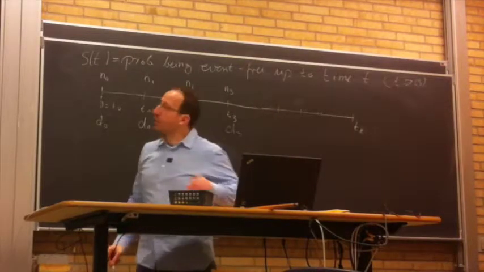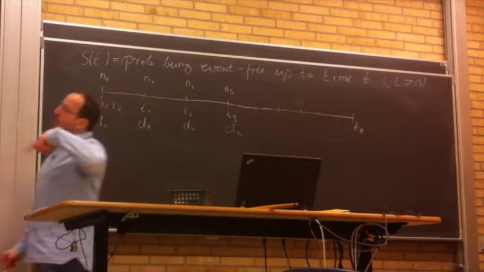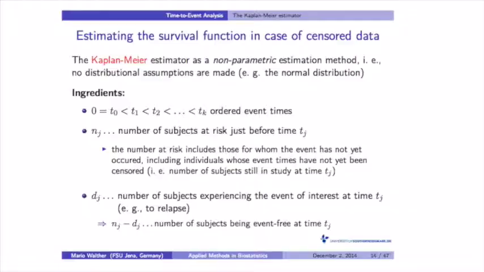So these are the ingredients for the Kaplan-Meier estimator. And from the number of subjects at risk just before time tj and the number of subjects experiencing the event of interest at tj, you can calculate the number of subjects being event-free at time tj, which is nothing else than the difference of nj and dj.